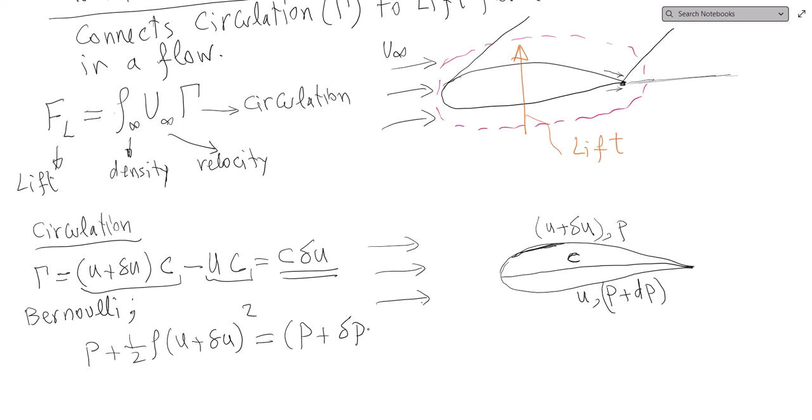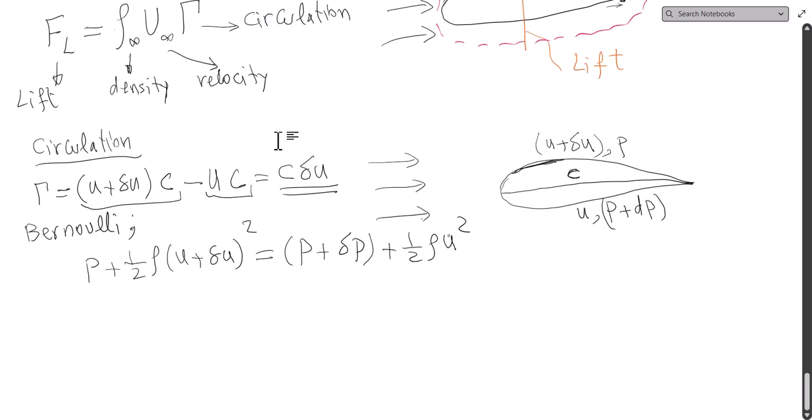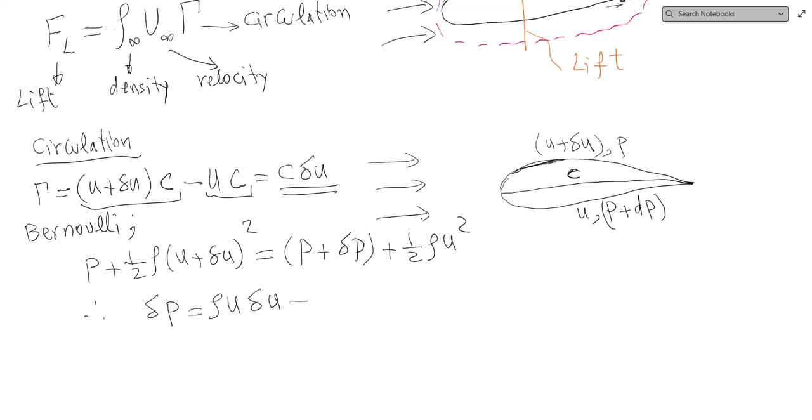Bernoulli is basically conservation of energy. If you simplify this, you will get delta P is rho u delta u, ignoring second order terms.